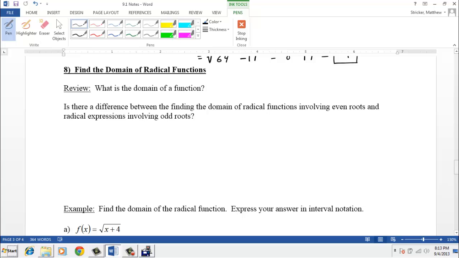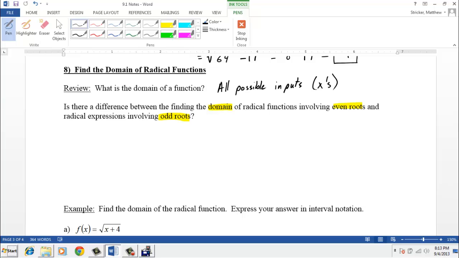It's all the possible inputs, or x's. So the question we really need to ask is, does it matter if we're finding the domain of radicals involving even roots or radicals involving odd roots? And the answer is yes, it does matter.